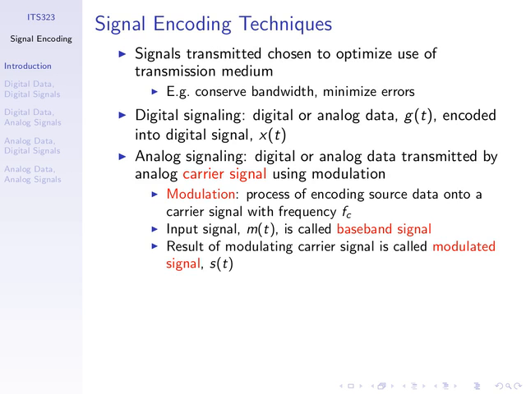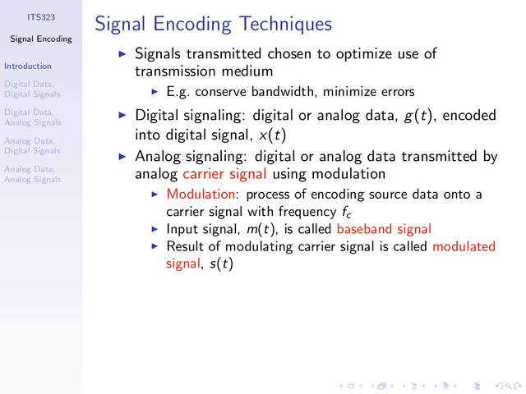With analog signaling, we transmit our data, either analog or digital, as an analog signal. And how we do that is that we have what's called a carrier signal, and we use the process of modulation. So we take our data that we want to transmit and we encode that onto a carrier signal of a particular frequency.